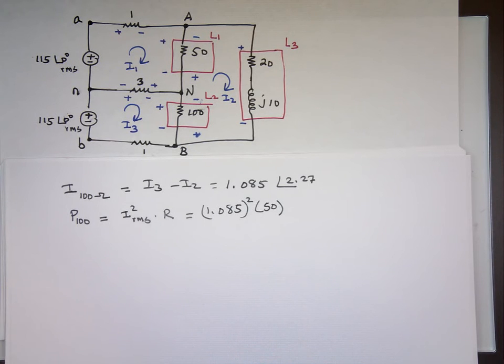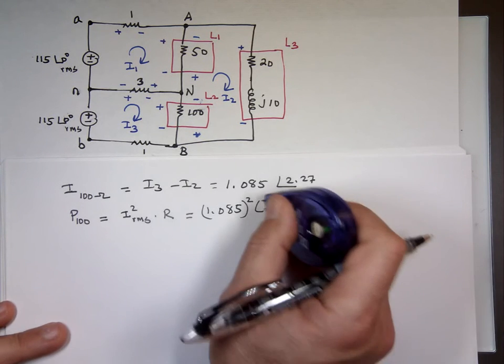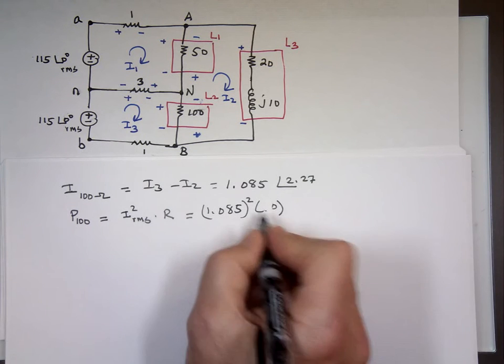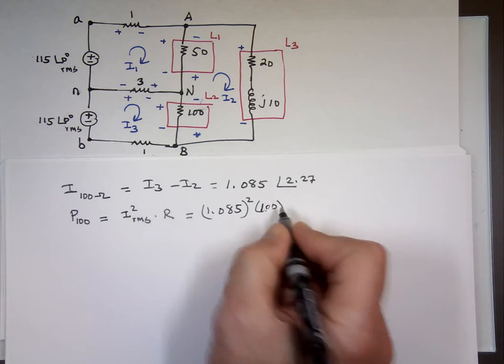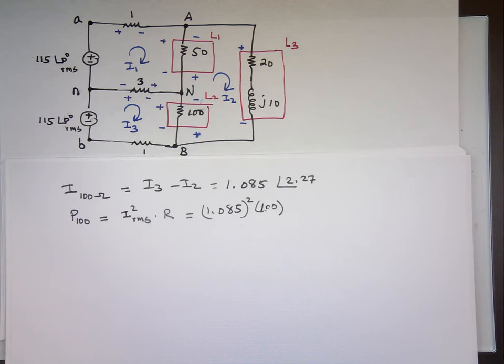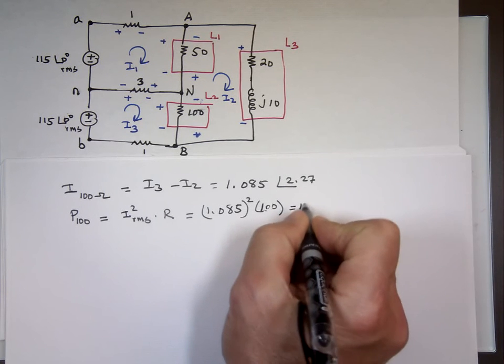The resistor is 100. The previous one was a 50. Is it 117.7? So I'll go 118 watts.